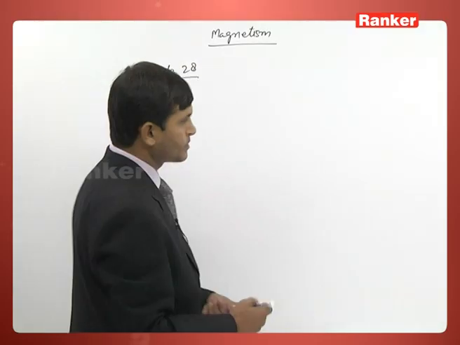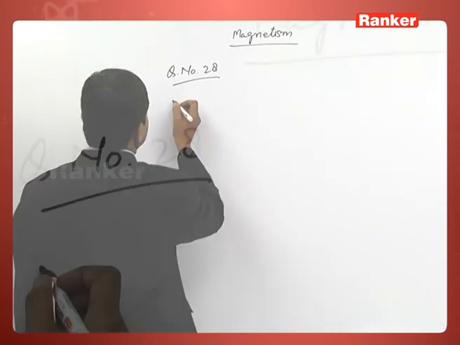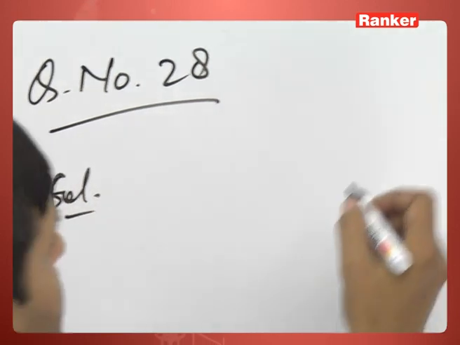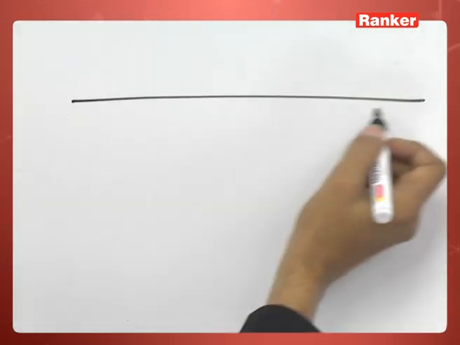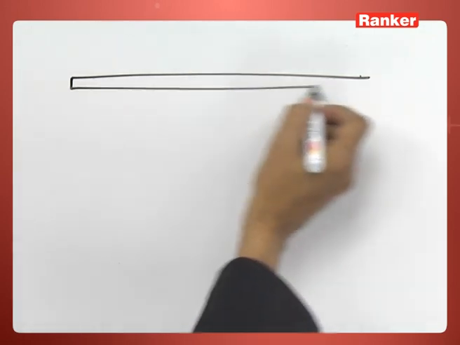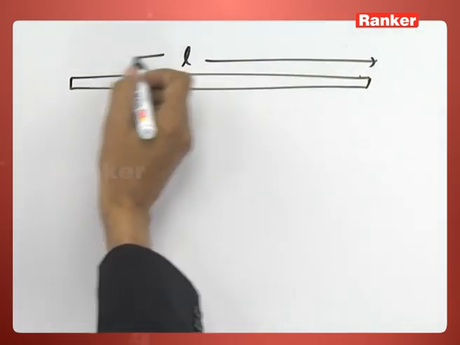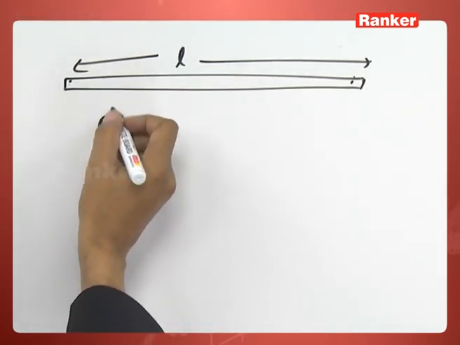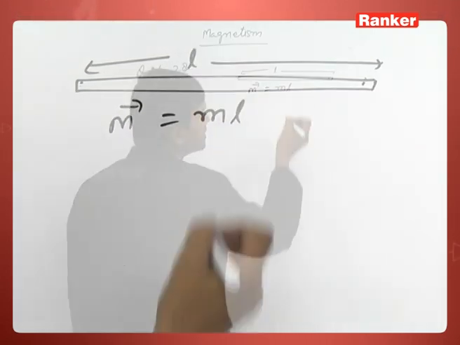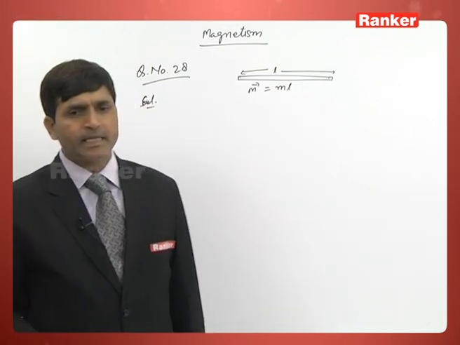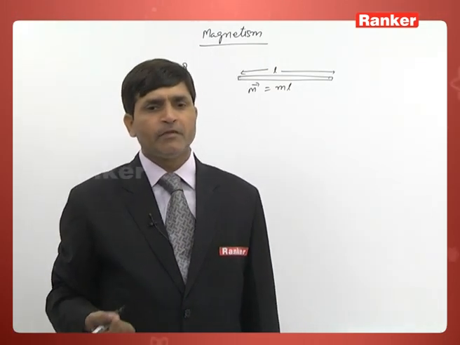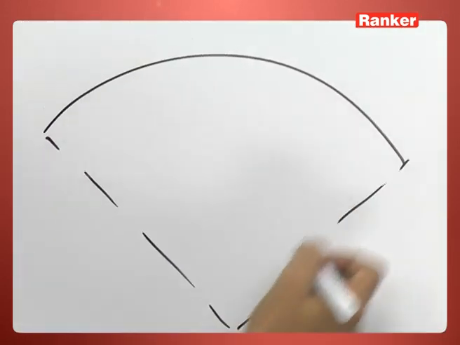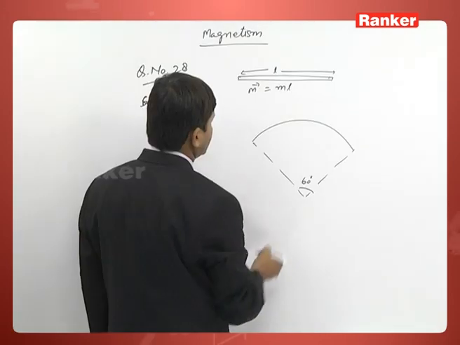Now see, like this. This is a wire, and this wire has length L, and its magnetic moment can be said as m into L. Now they are saying it is bent in the form of an arc of a circle which subtends an angle 60 degrees at the center.